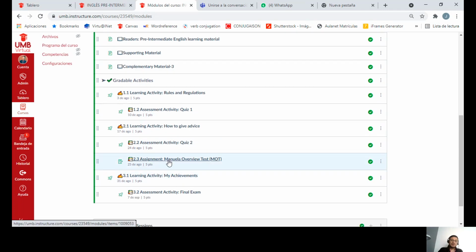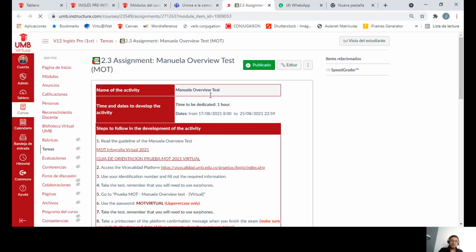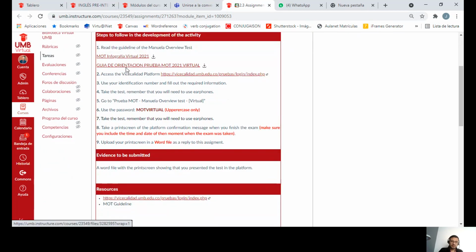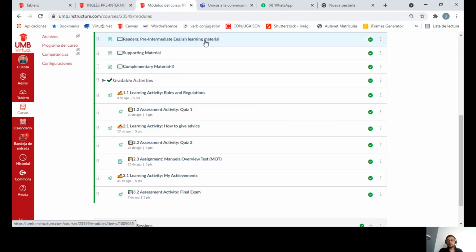Listo. Este Manual Overview Test, vamos a seguir unas orientaciones que les estamos indicando para que ustedes presenten. Se presenta en otra plataforma que utiliza la universidad, así que no tengo control sobre esta plataforma y necesito que por favor estén muy pendientes con el tema de esas fechas.